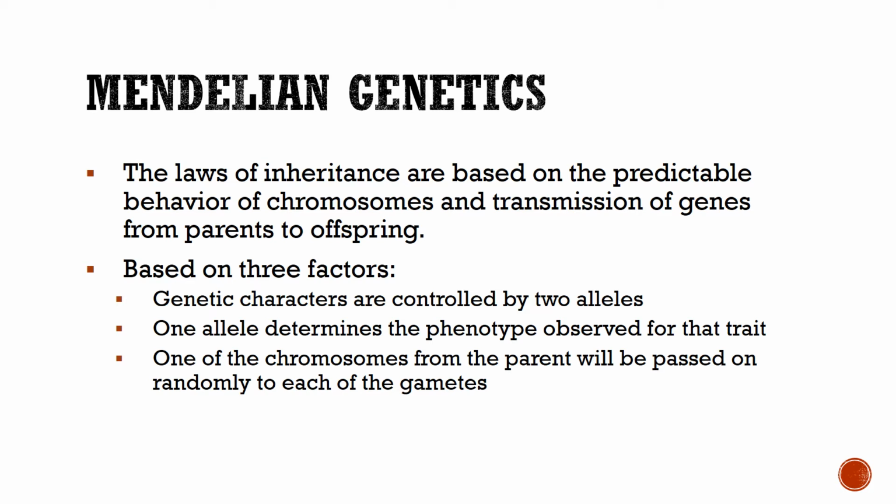The third factor is that one of those chromosomes from the parent will be passed on at random to each of those gametes. We'll talk in class this week about how important it is to know a pretty basic form of statistics in plant breeding, in terms of how you statistically analyze inheritance and chromosomes and how they will then be used in plant breeding.